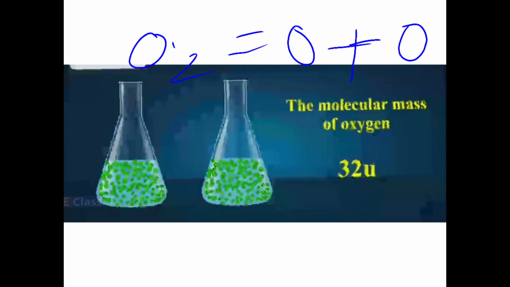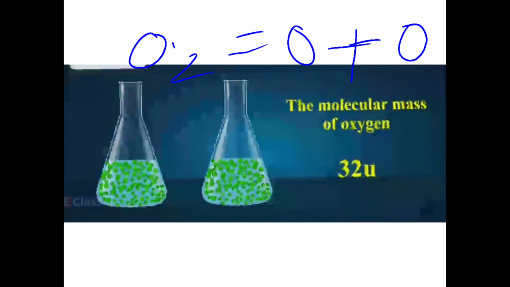Now, as you know, oxygen is diatomic in nature, right? O2 means you have oxygen plus oxygen. Two atoms of oxygen can now live independently as an oxygen molecule.